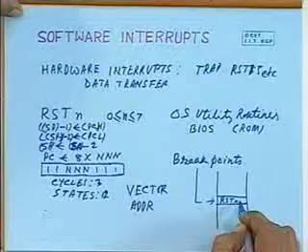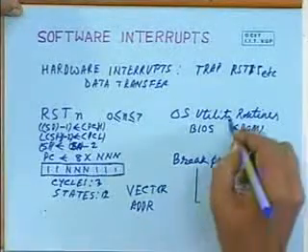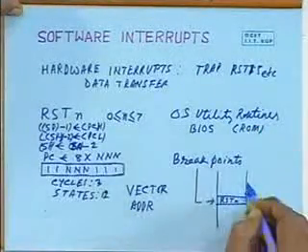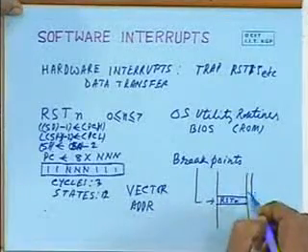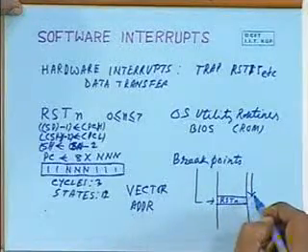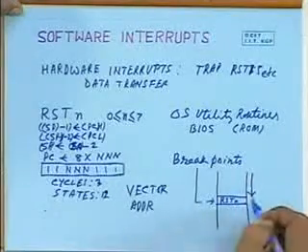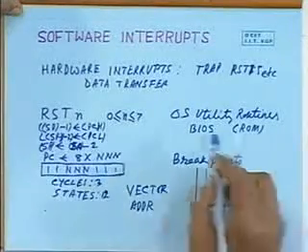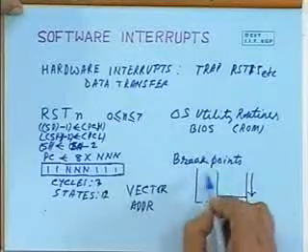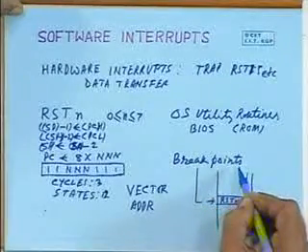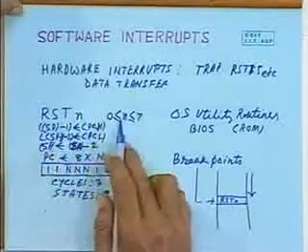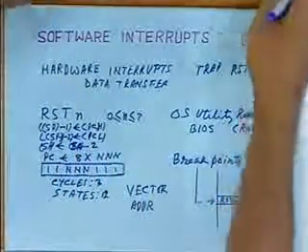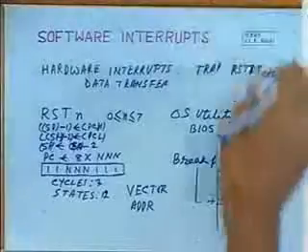So whenever RST n occurs, it jumps to a utility routine with the help of which you can check whether up to this point the program has executed correctly or not, as desired or not. So this breakpoint is a very important tool for debugging a program, and software interrupts can be used to facilitate that.